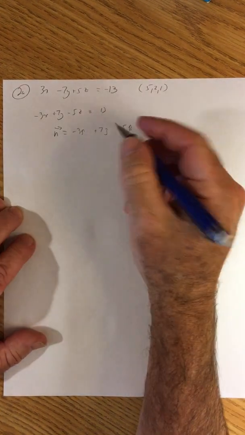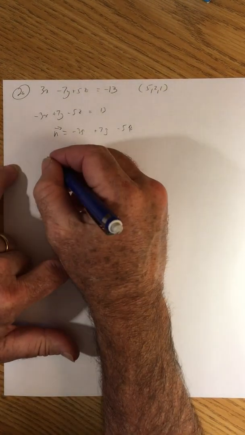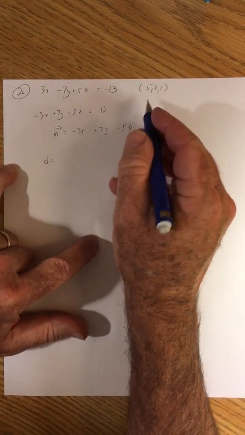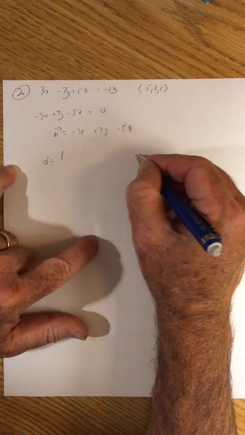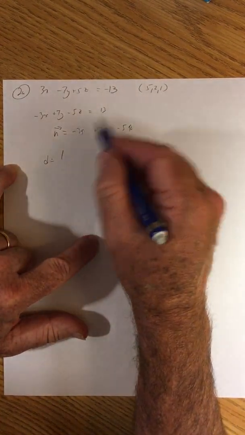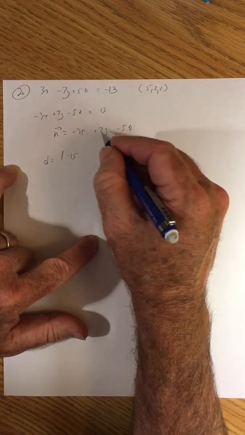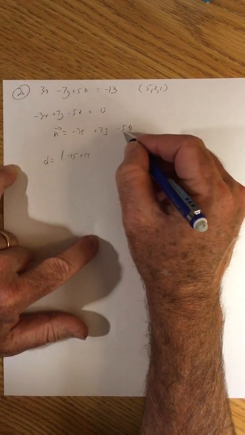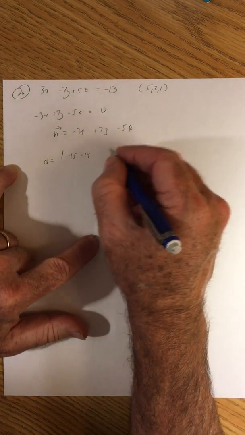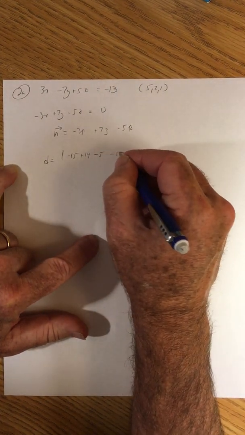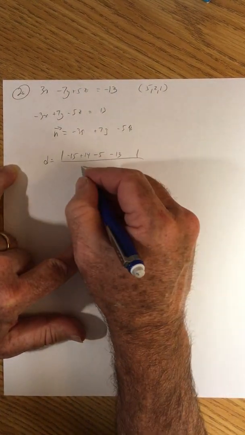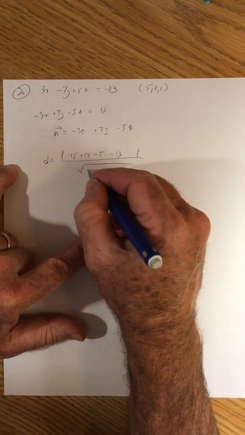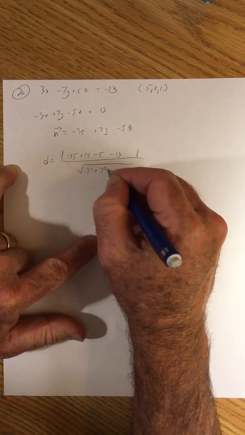The distance is a very easy thing to do. The distance is the absolute value of negative 3 times 5, negative 15, 7 times 2, 14, negative 5 times 1, negative 5, minus 13, over the square root of 3 squared plus 7 squared plus 5 squared.